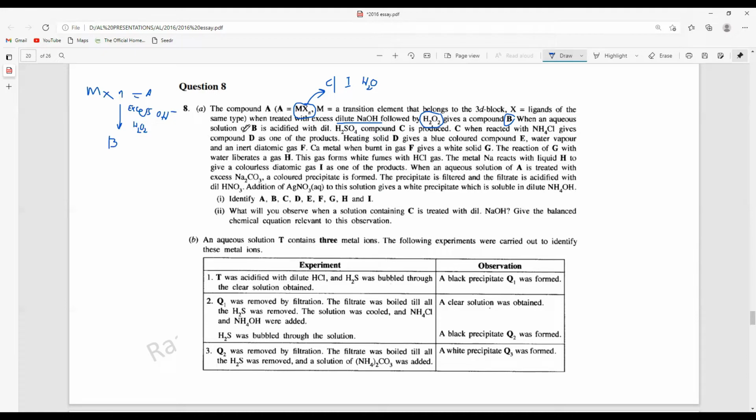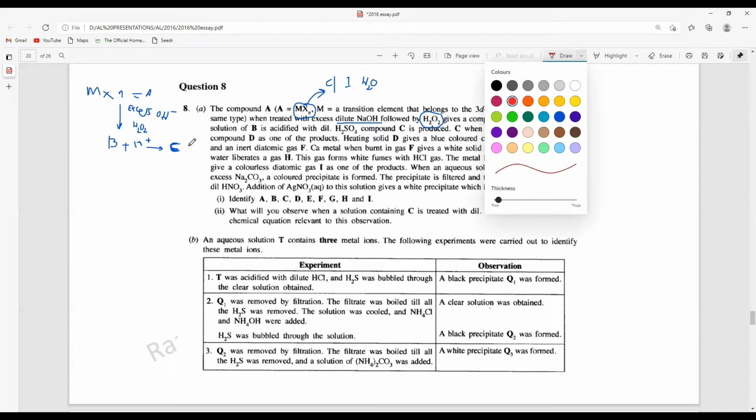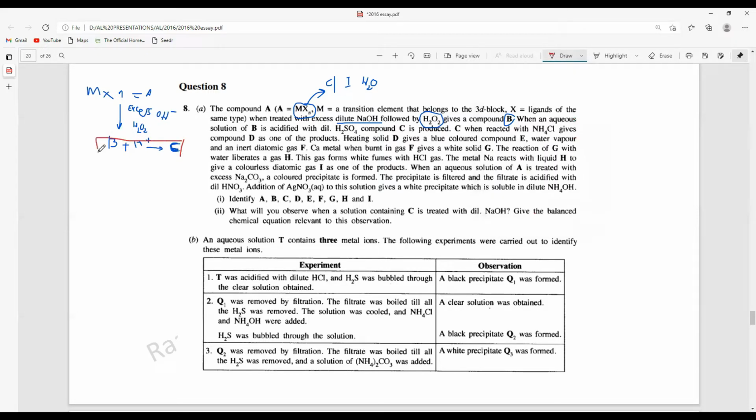And when an aqueous solution of B is acidified, so if you add a little bit of H plus, which is dilute H2SO4, this forms the compound C, right? So if you have gone through your D block chemistry really well, from this point and the reaction with H2O2, you should be able to get an idea about what is M here.